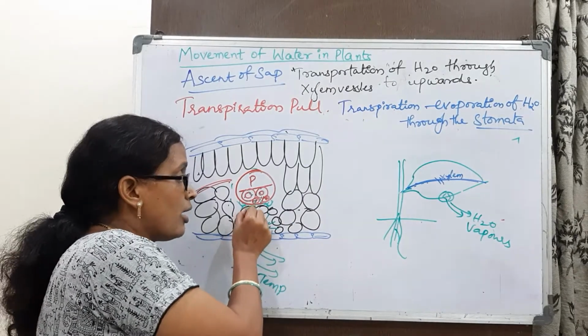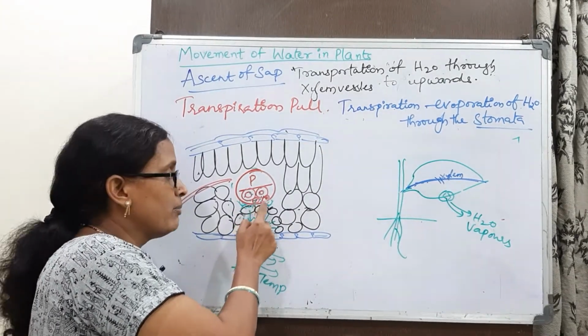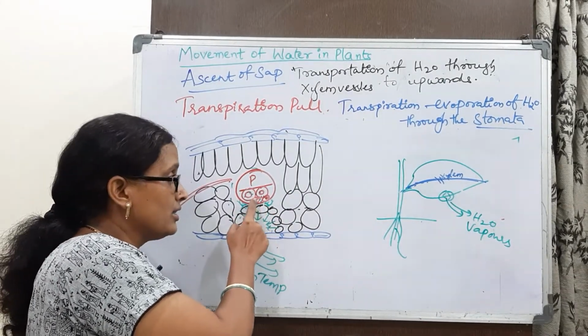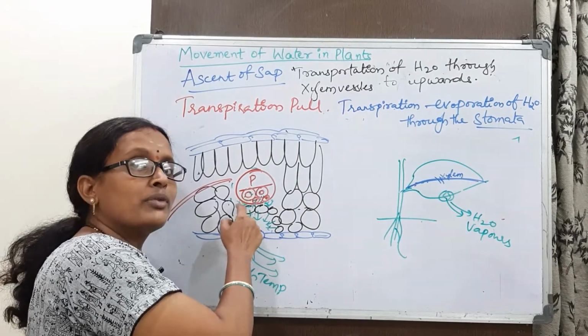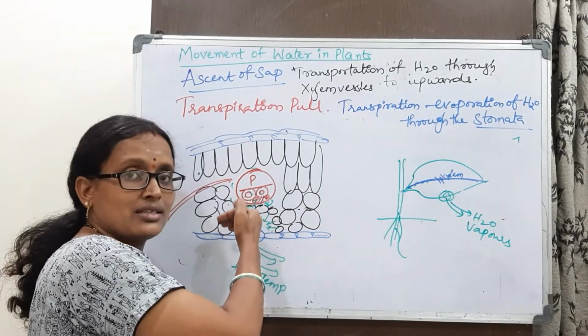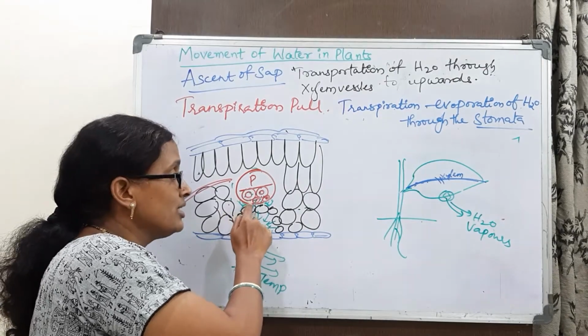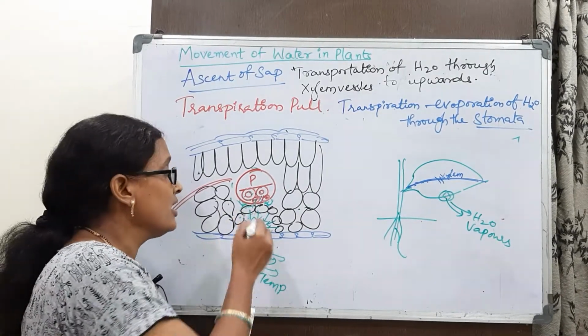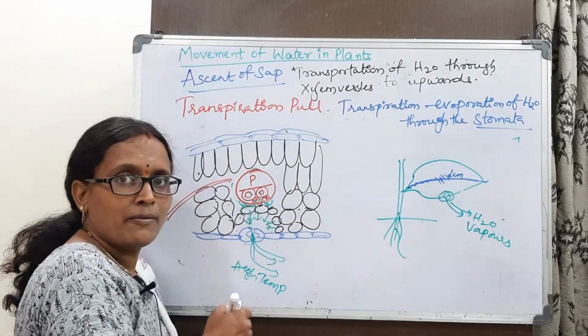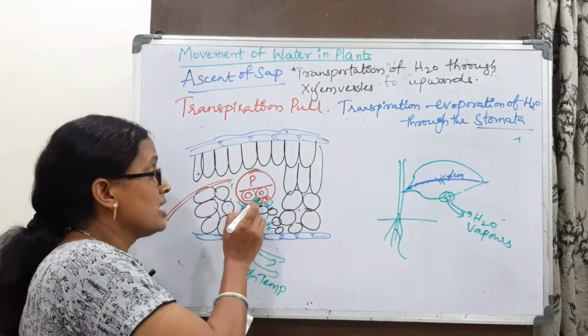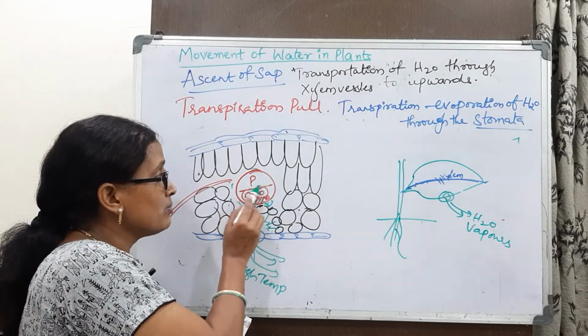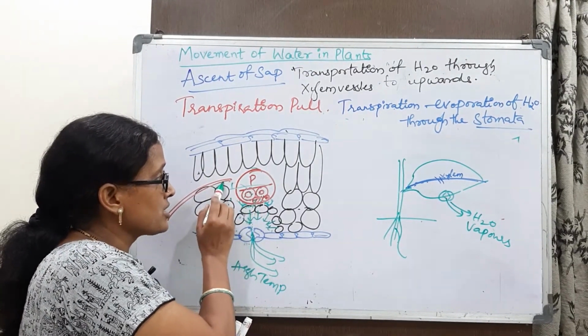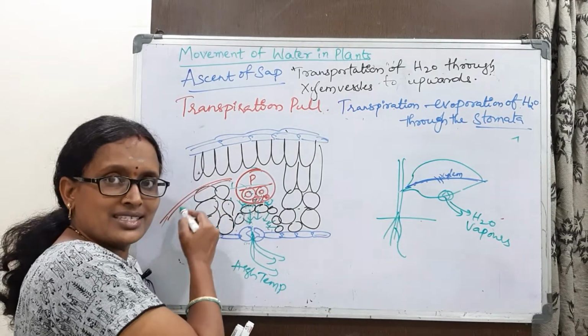So they absorb water from the neighboring cells, and like that from the next neighboring cells. So a tension is created in the xylem vessels, in the midrib, and this tension is passed to the next cells.